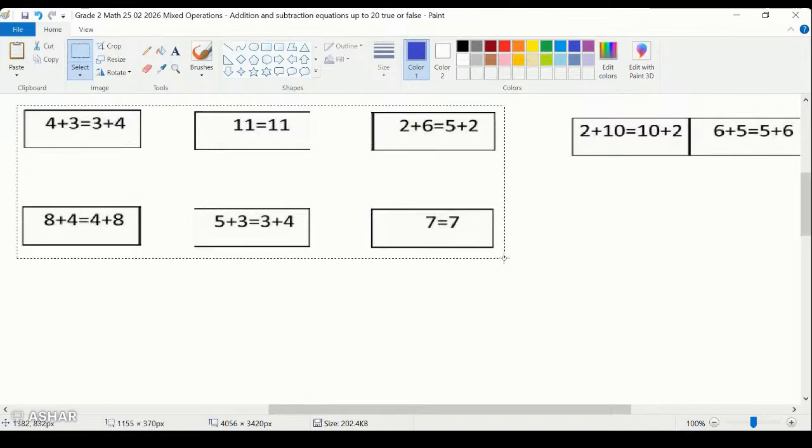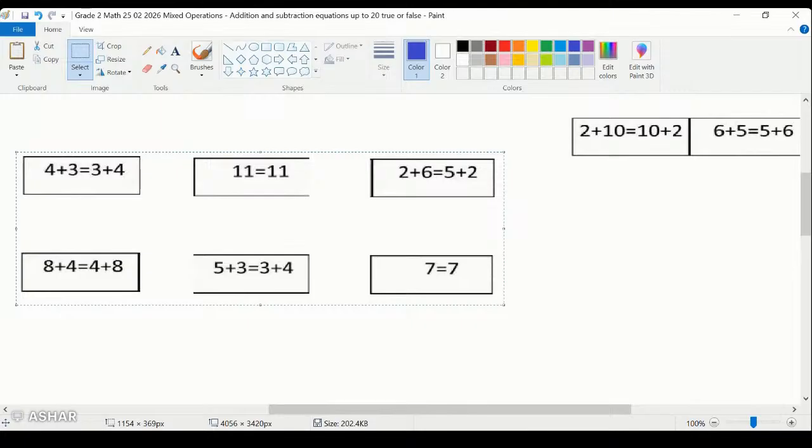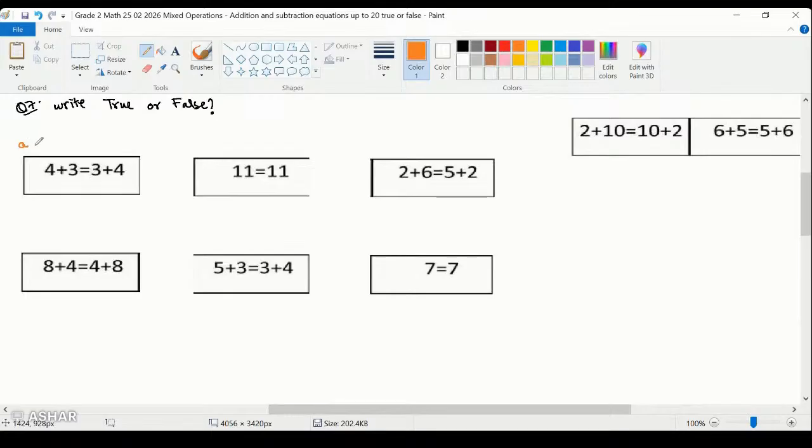In this question, they are simply asking us to write true or false. Same as question number 6. The first part of the question, part A. Is 4 plus 3 equals to 3 plus 4?